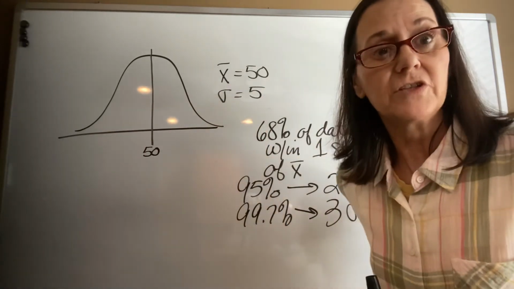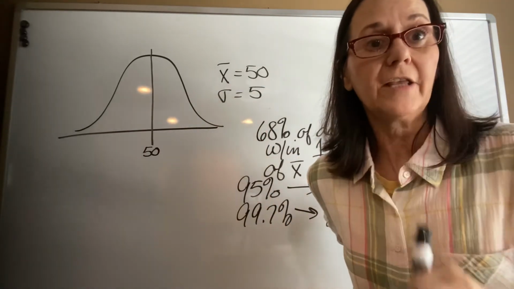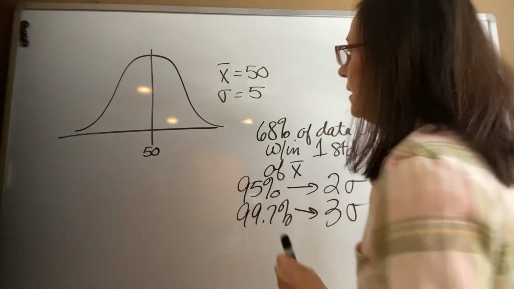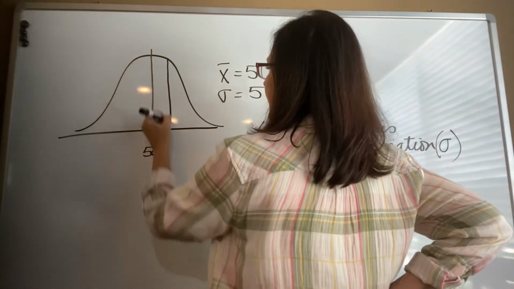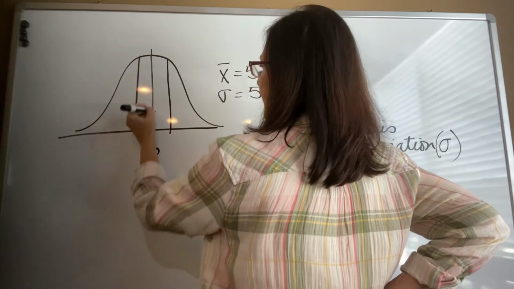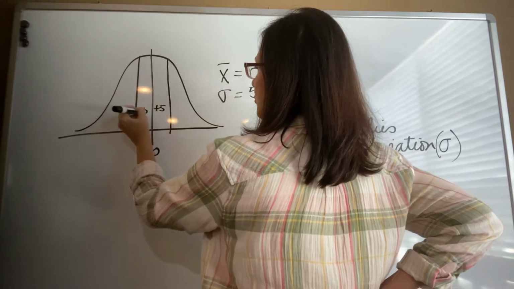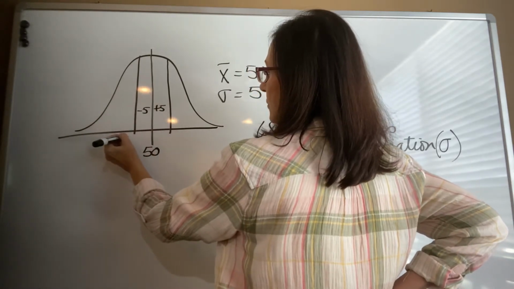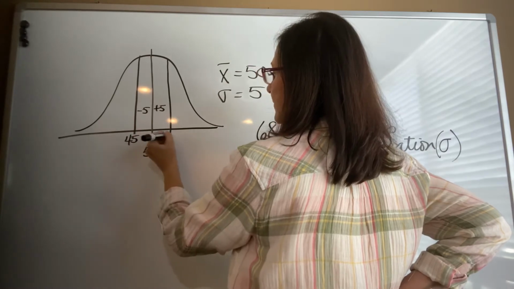So the standard deviation is 5, okay? We're going to calculate standard deviation in just a minute. All right, so one standard deviation from the mean, I add 5, I subtract 5, so that would be 45 to 55.